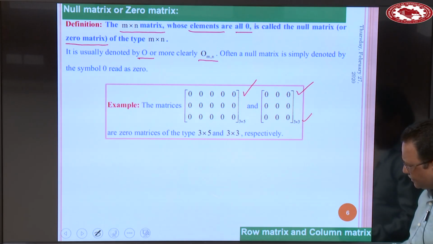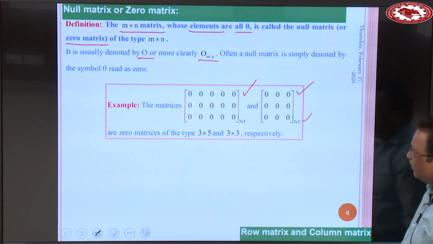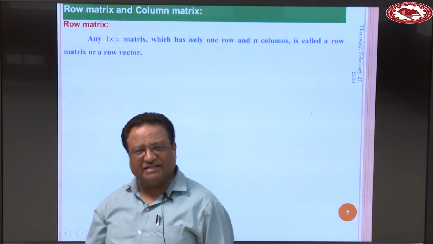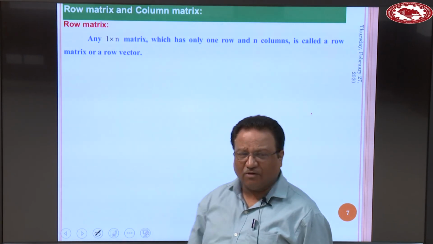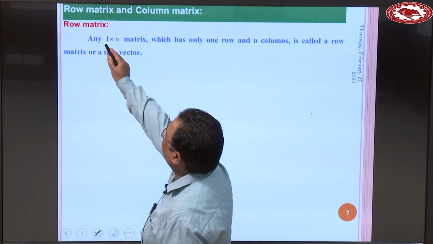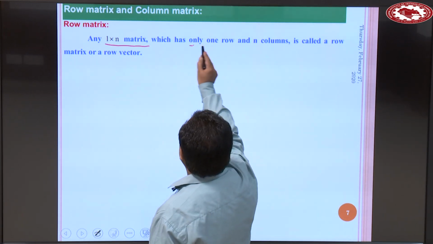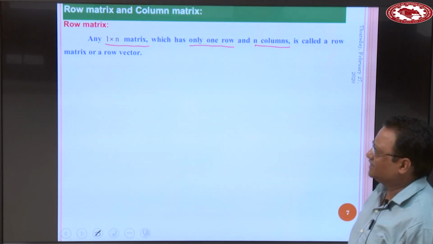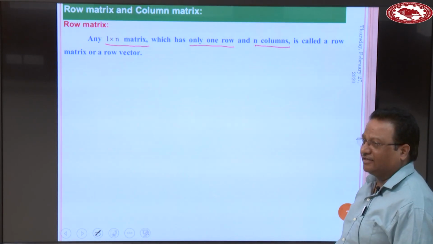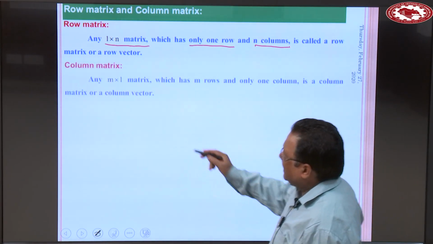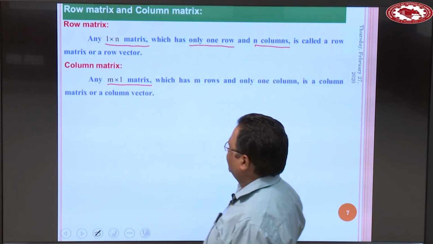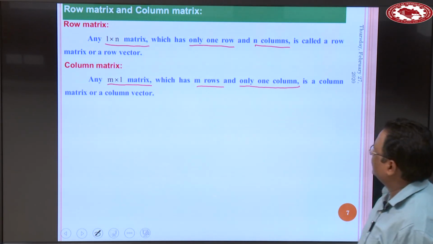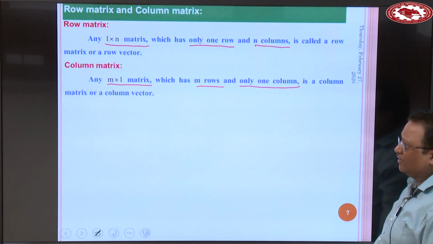Now, next definition: row matrix and column matrix. What is a row matrix? A row matrix means having a single row, so m is 1. Any 1 by n matrix which has only one row and n columns is called a row matrix or a row vector. And any m by 1 matrix which has m rows and only one column is a column matrix or a column vector.